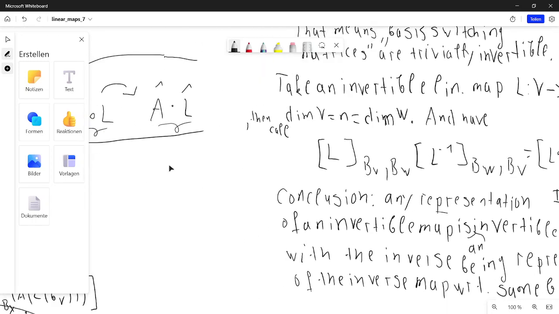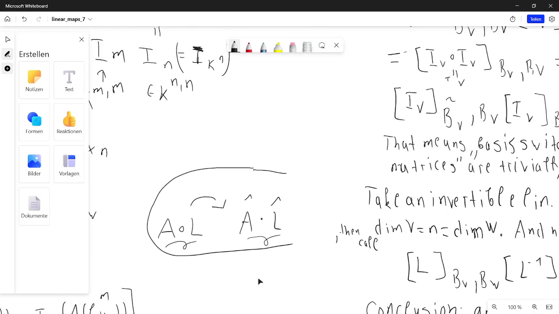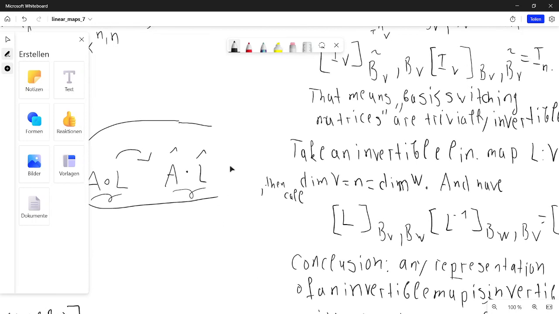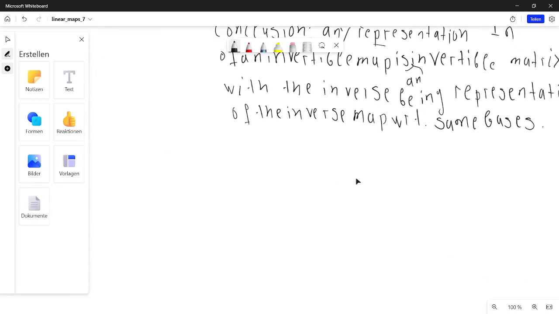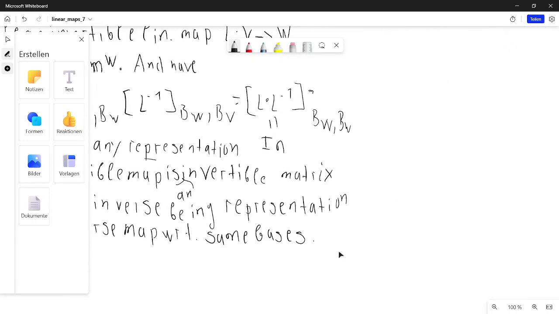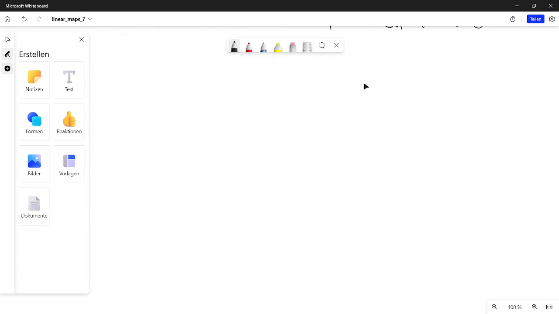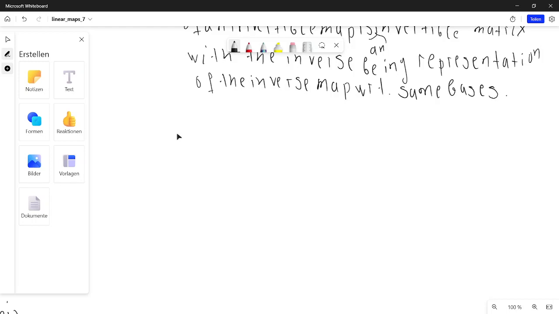What else would we like to have? We had that decomposition, kind of composition of matrices. All right, I think that's it. All right, let's take a look at something maybe.